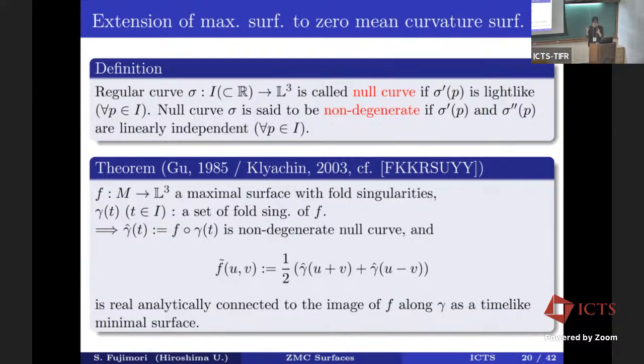So if we have a maximal surface with fold singularities, then the fold singularity is a non-degenerate null curve. With this formula, we parameterize the non-degenerate null curve, and by this formula, we have the extension of the surface. In such a way, we have a zero mean curvature surface of mixed type.